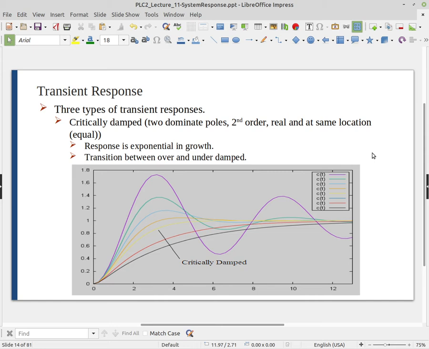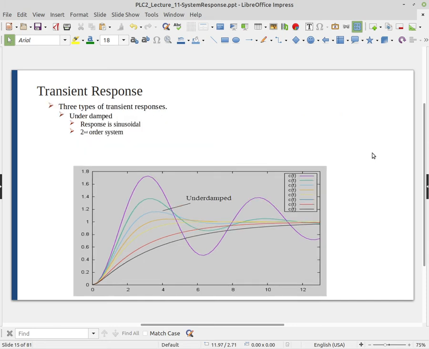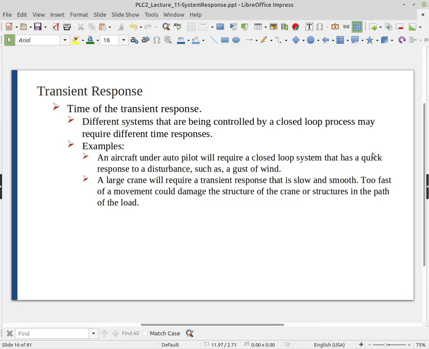But the two dominant poles exactly equal will effectively give you a critically damped system. An underdamped response is going to give you the oscillations. And when we start looking at poles, you'll see that if the system poles become complex or have an imaginary component, then we will get oscillations.